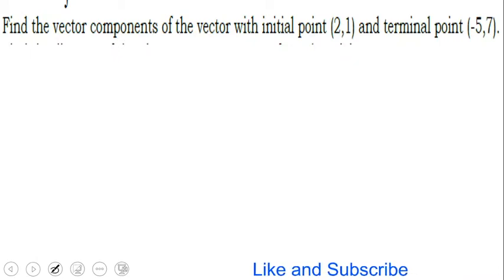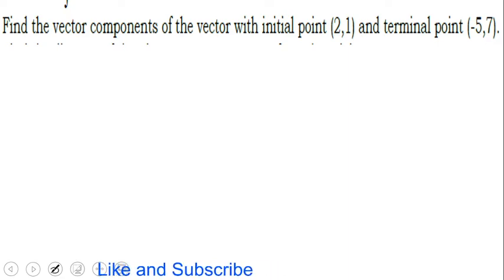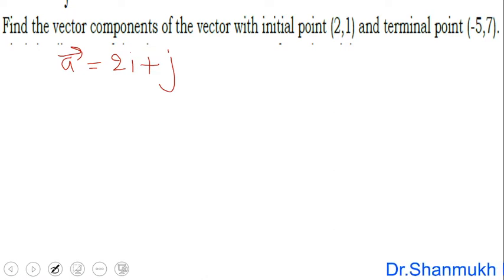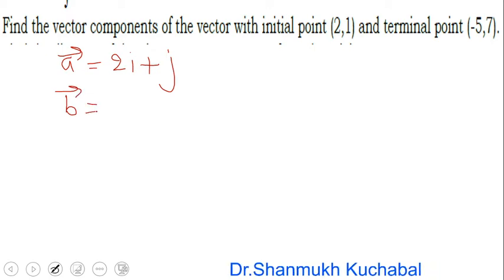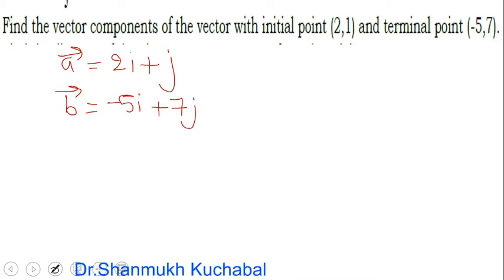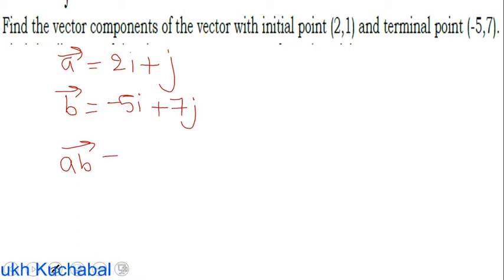So we'll move to our next example. Find the vector component with initial point A as 2i plus 1j, and terminal point B as minus 5i plus 7j. Then the distance AB is final value OB minus initial value OA.